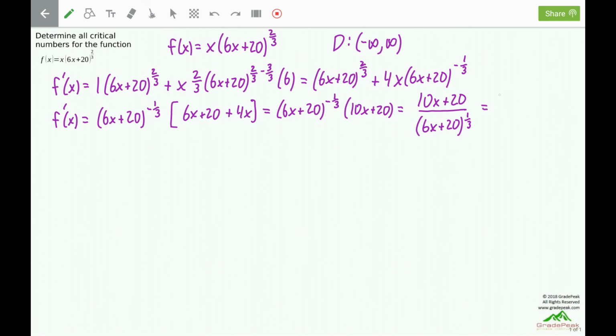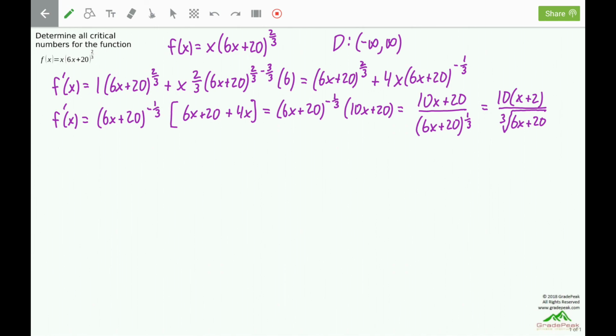One more thing we can do, we can factor a 10 out of the numerator. And 1/3 power can be written as cubed root, so we can rewrite that as cubed root of 6x plus 20.